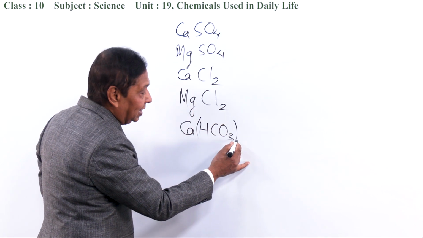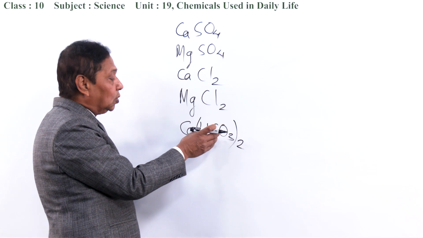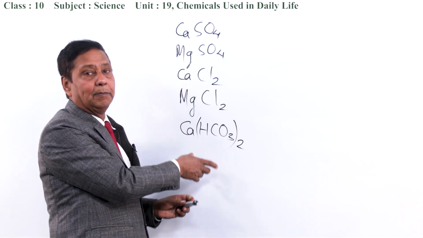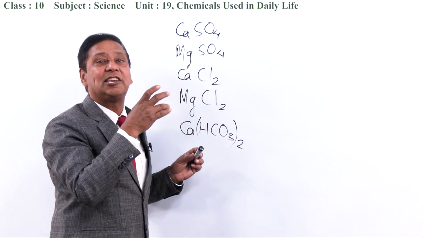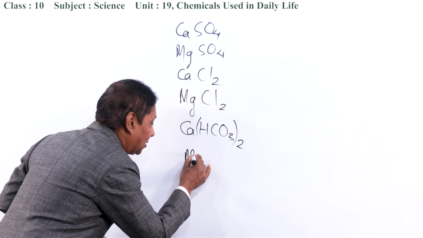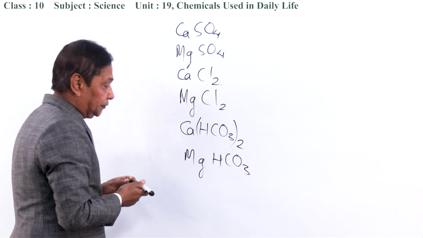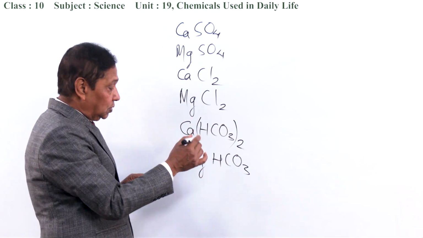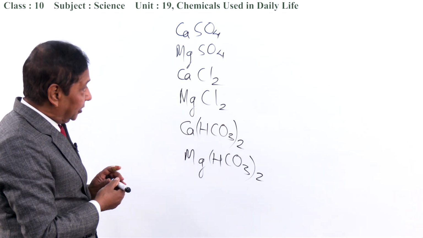That's why Ca(HCO3)2 means two bicarbonate radicals combine with 1 atom of calcium to form calcium bicarbonate. This is the molecular formula of calcium bicarbonate. In the same way, magnesium bicarbonate, Mg(HCO3)2: bicarbonate valency 1, magnesium valency 2, so we have to transfer the 2 valency of magnesium to bicarbonate.